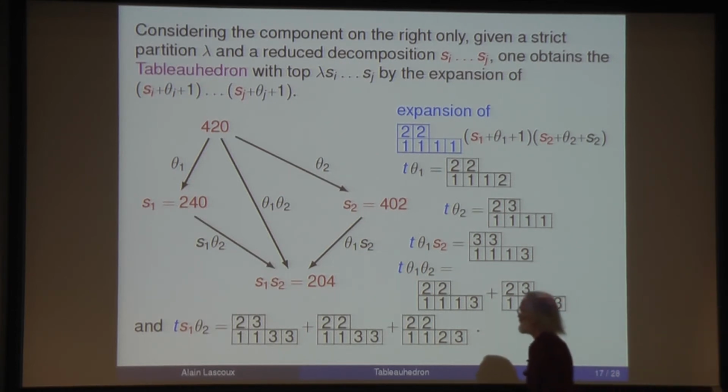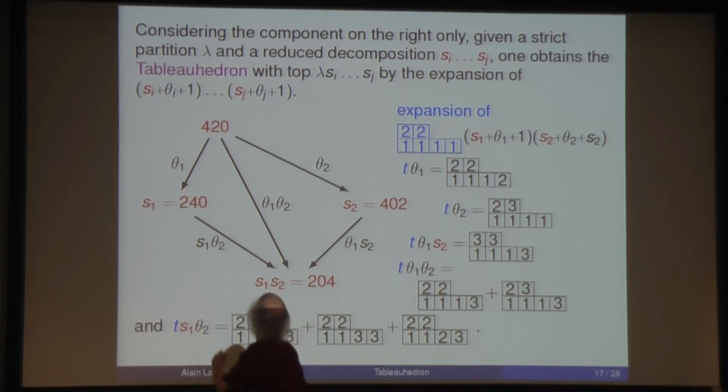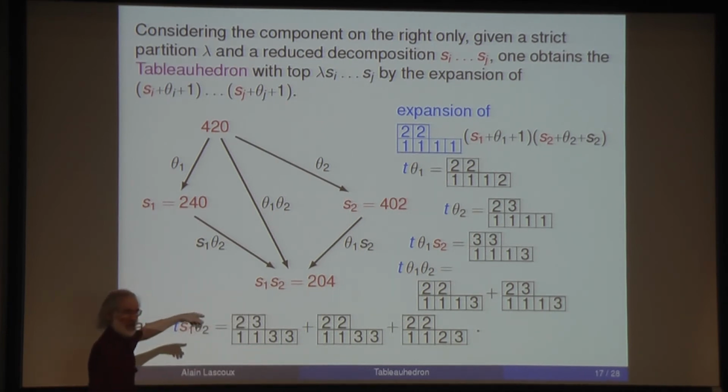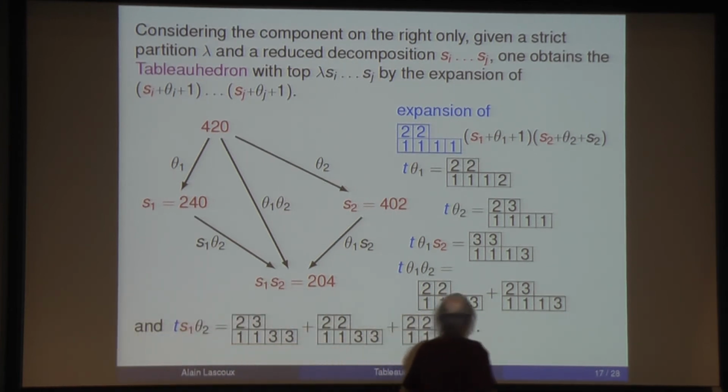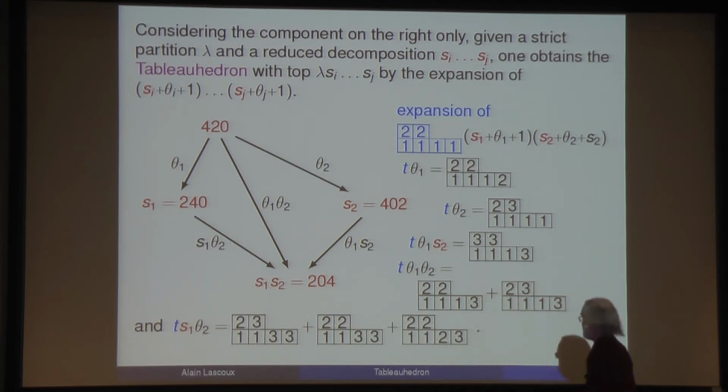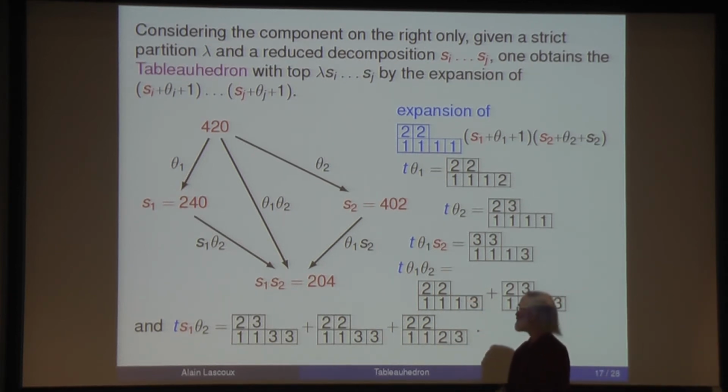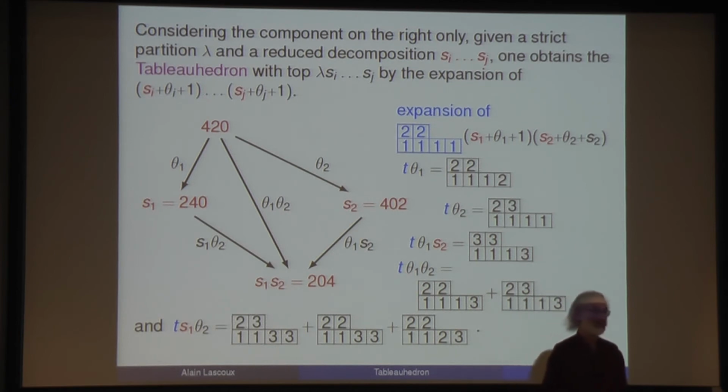So what I get with the operator S1 theta 2 acting on the pairs of Tamanouchi tableau is written here; it's a single tableau, 3, 3, 1, 1, 1, 3. This tableau has left key 240 and right key 204.